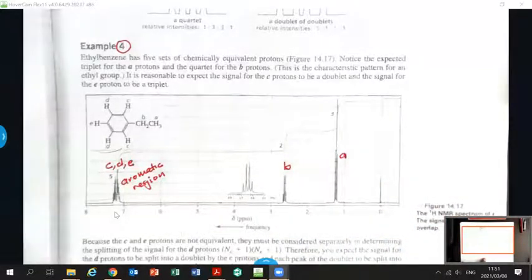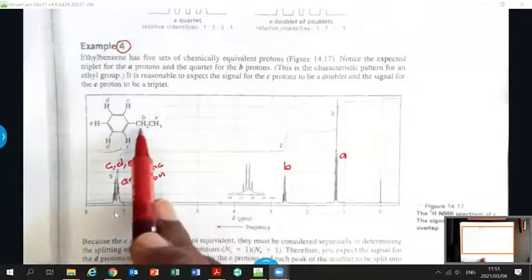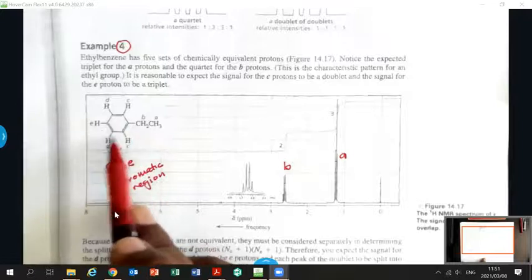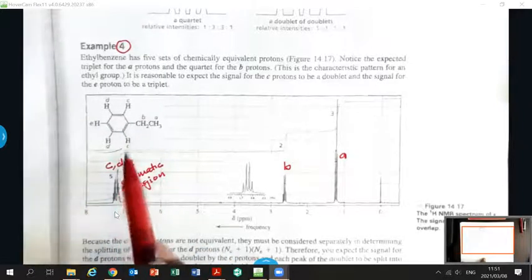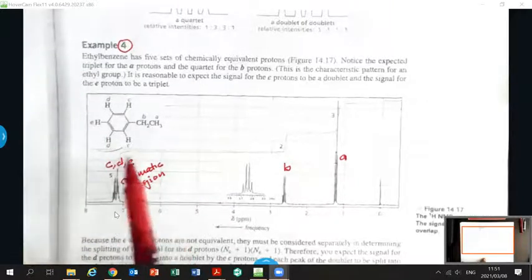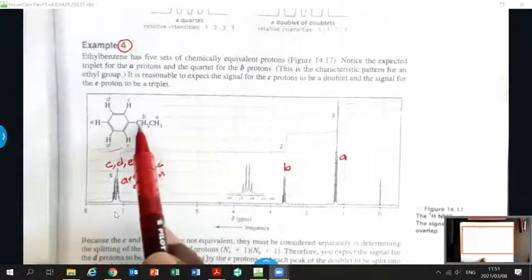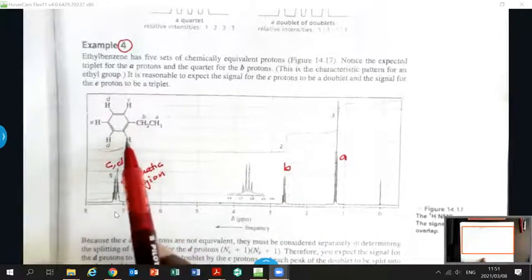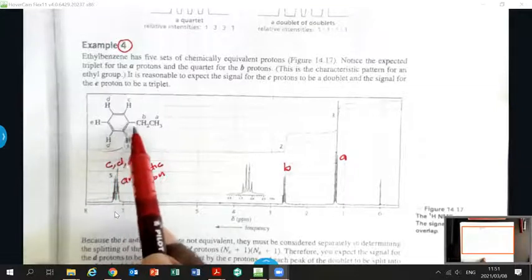All right. Now, I also want you to take note that the CH2 group, when it's next to this ring, now remember that the ring protons were de-shielded because of diamagnetic anisotropy, right? And I discussed what diamagnetic anisotropy is. You can look at the previous videos and you can actually get that, right? So if you've got protons in that vicinity, it's not directly affected by diamagnetic anisotropy, but it's close to that.